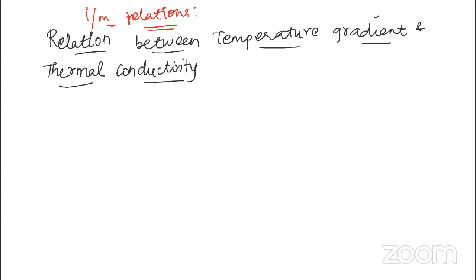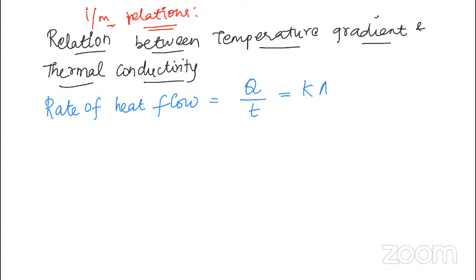Okay, so rate of heat flow in a formula, it is Q by T, which is equal to K into A into theta 1 minus theta 2 divided by L. Okay, right? So we need the thermal conductivity. It should be represented by the letter K.